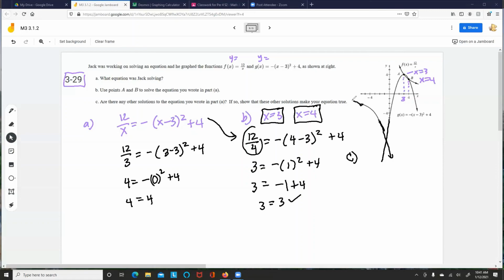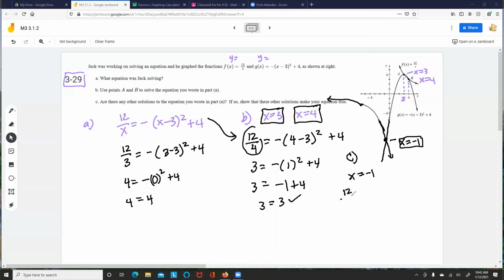And it goes this way. So what's going to happen over here? And I did this on Desmos yesterday, and I got x equals negative 1. So there's actually one more solution that you can't see. So let's try x equals negative 1 in our equation.